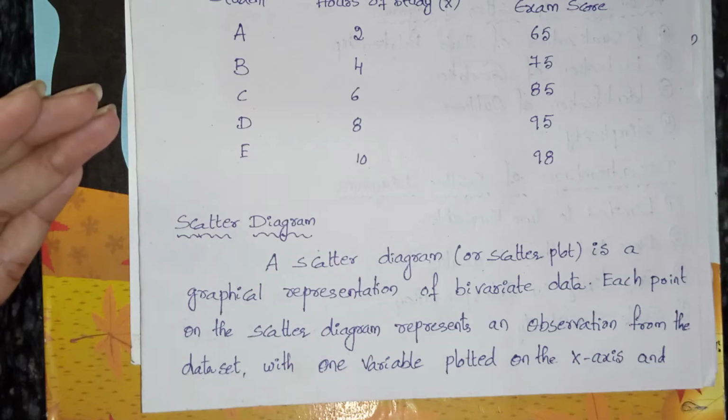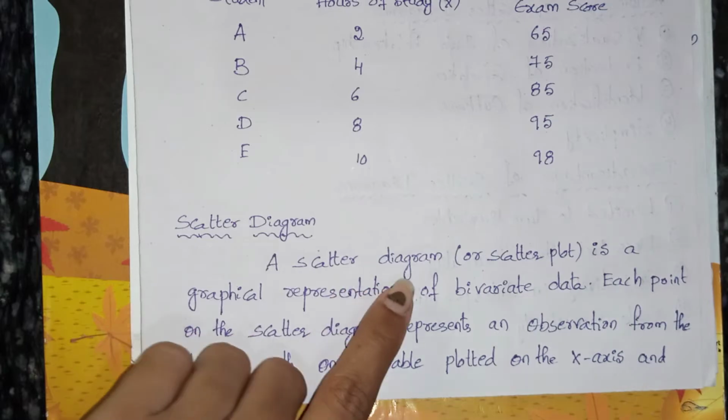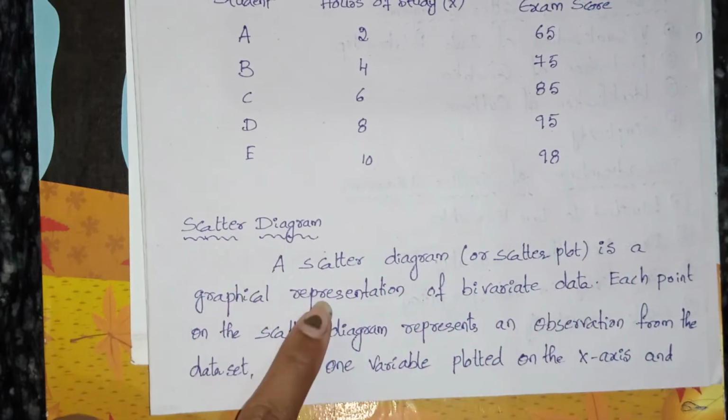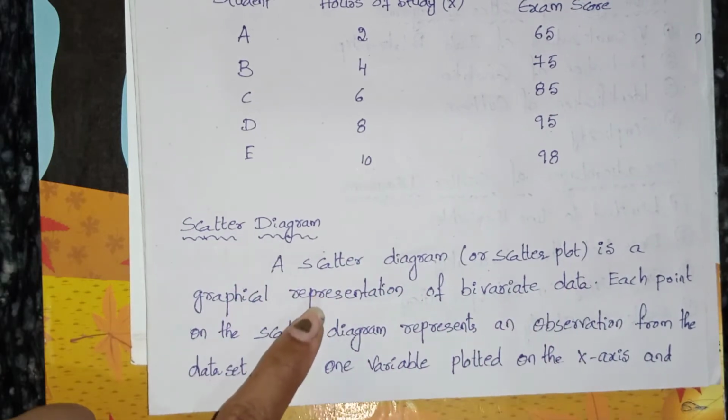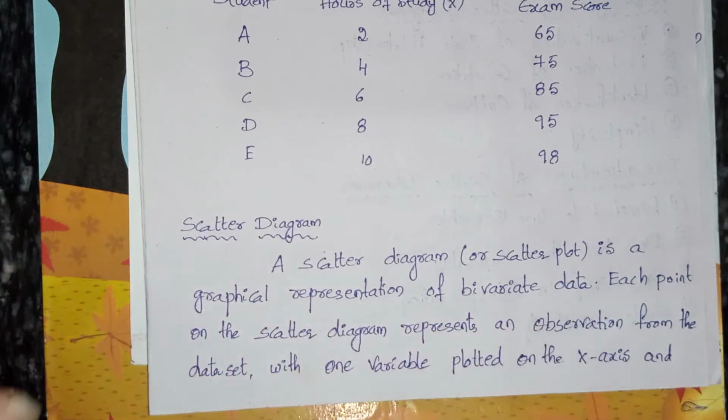It has many names. A scatter diagram is a graphical representation of bivariate data. Whenever we want to plot bivariate data, we use a scatter diagram.